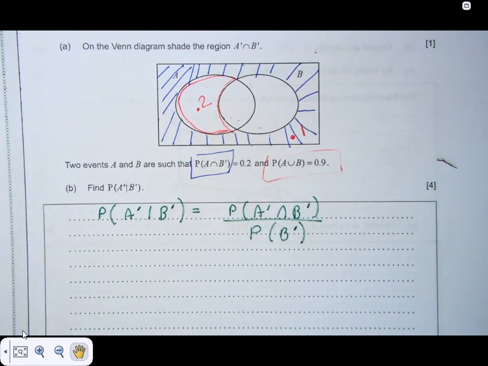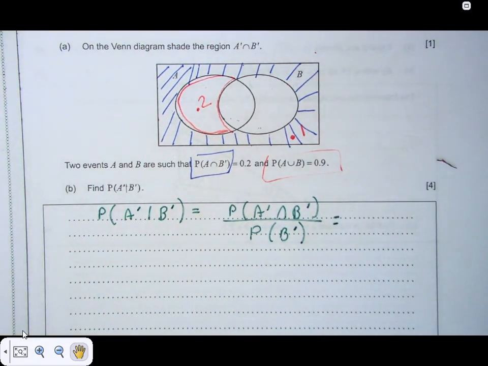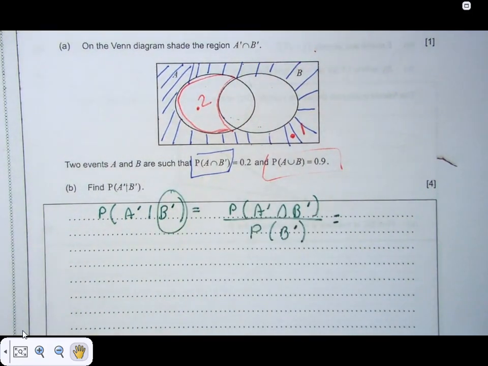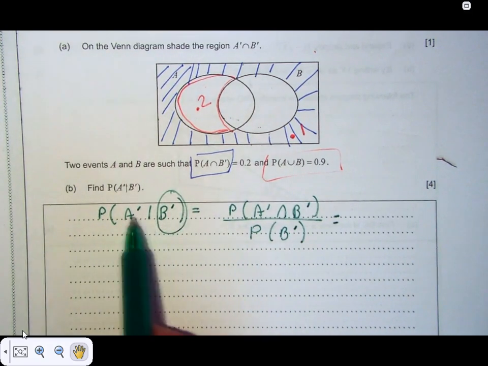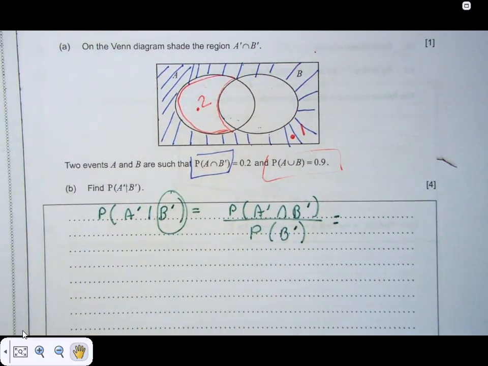And that's what they want me to find. Whatever the second part is called the given. So it's the probability of the intersection of these two things over the probability of the second one. Okay. All right, so do I know anywhere on here what the probability of A prime intersect B prime is?